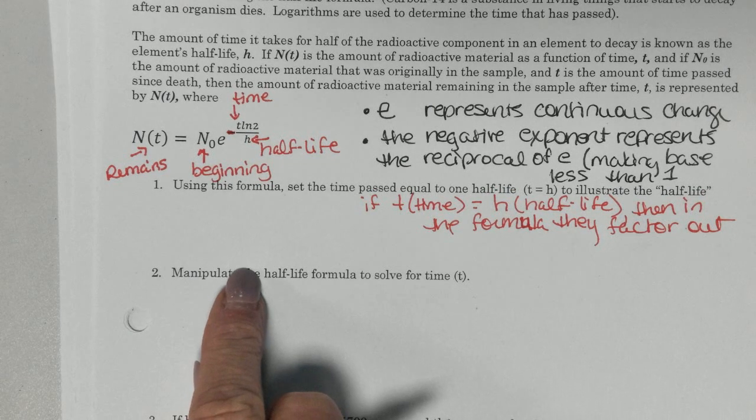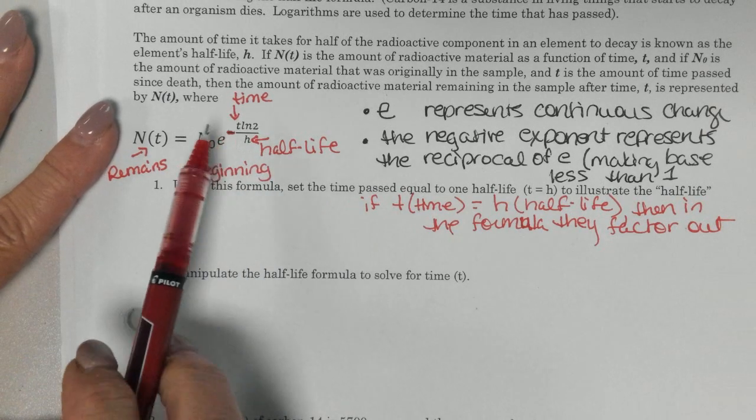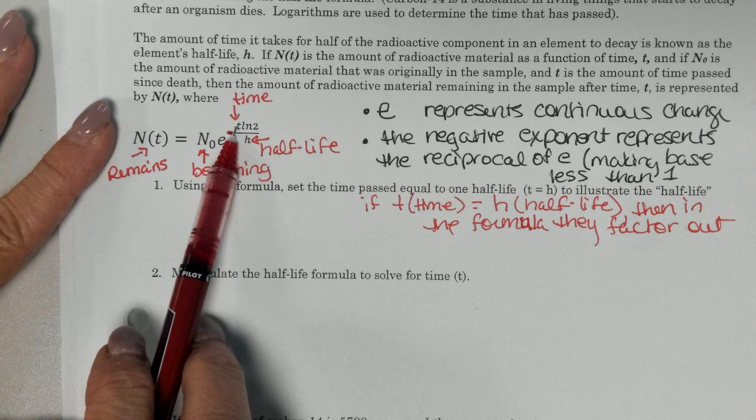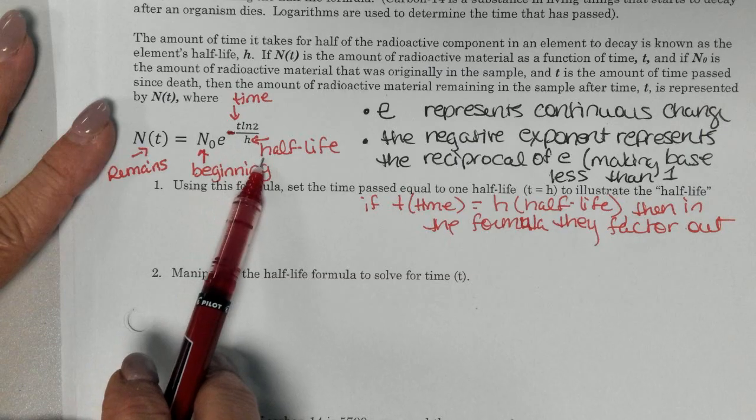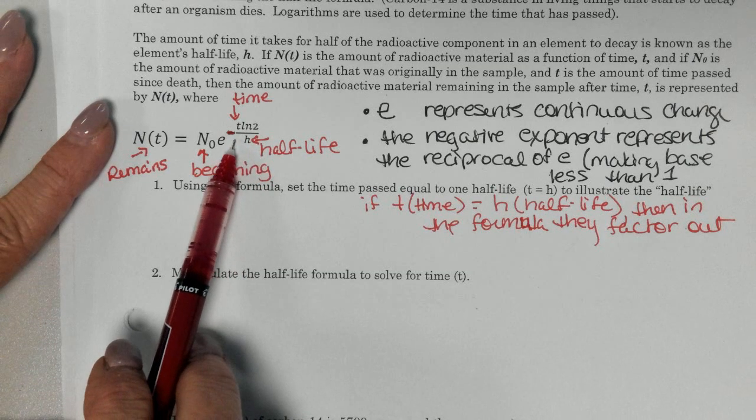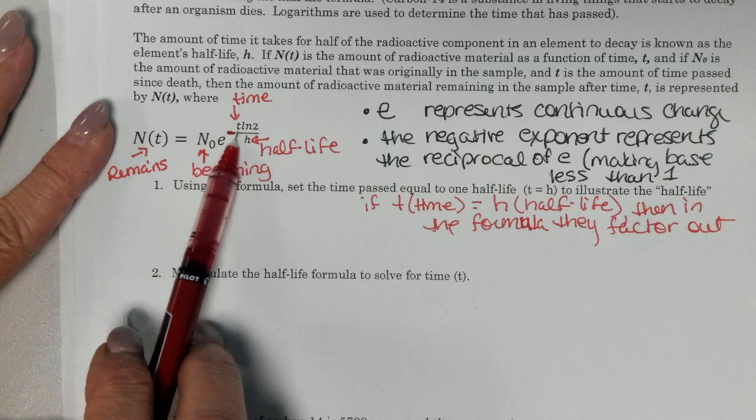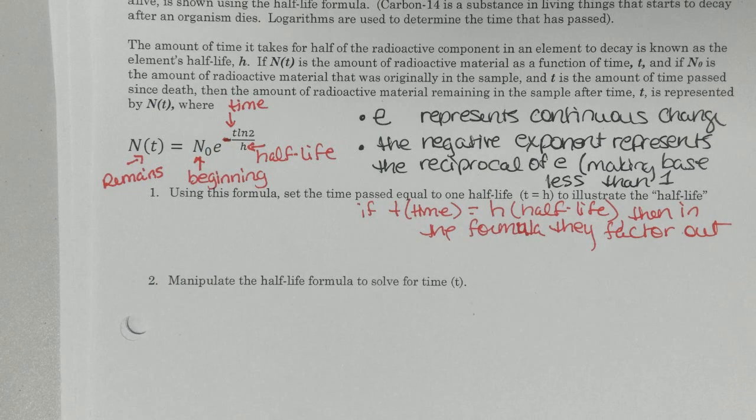What I'm saying is, if say t was 10 years, and the half-life was 10 years, the amount of time that passed is the half-life, those two numbers would factor out. They'd reduce out, just a fraction. Does that make sense?